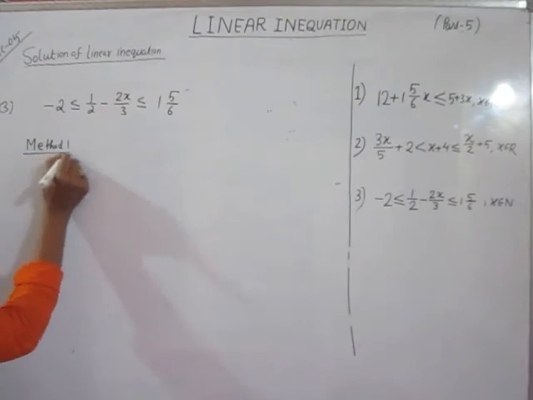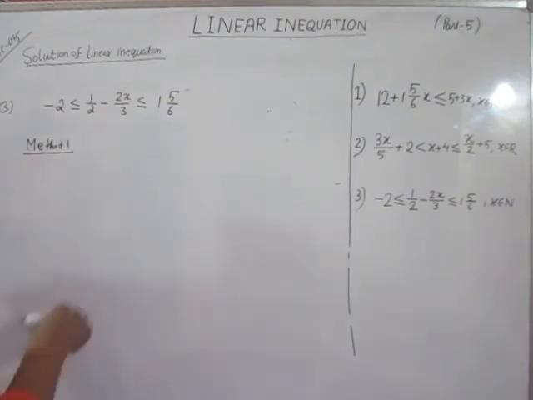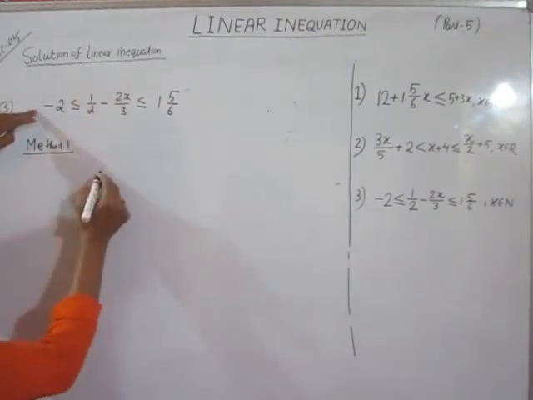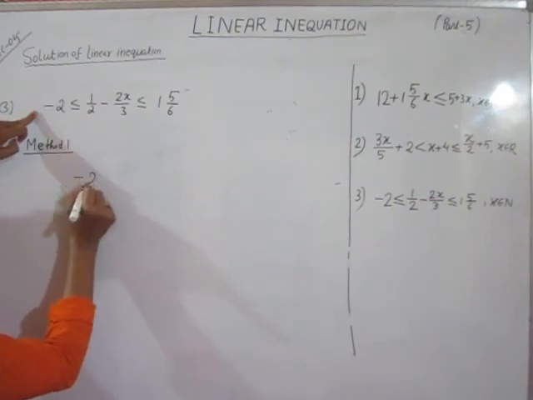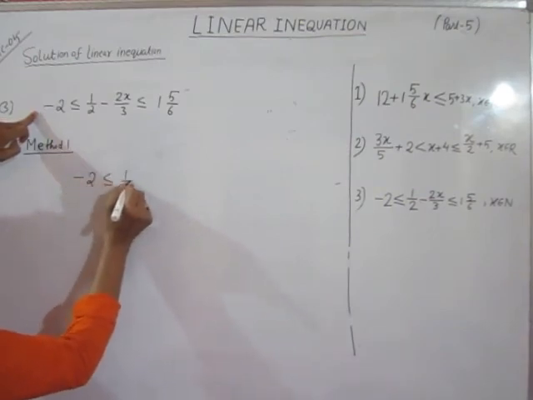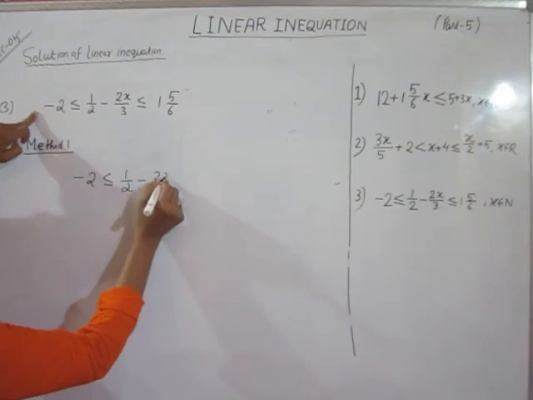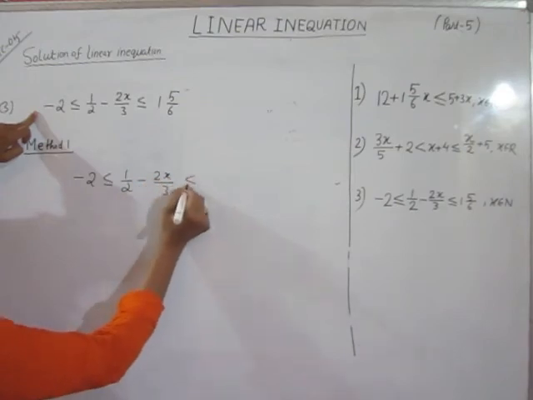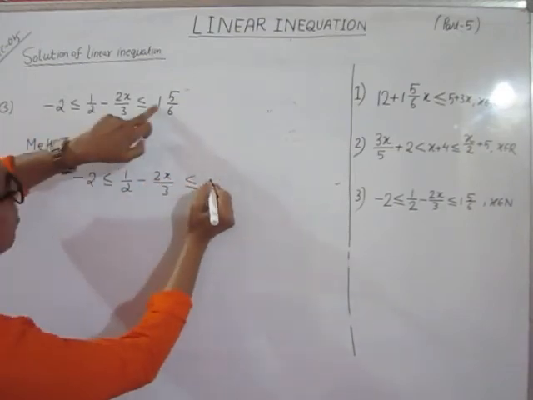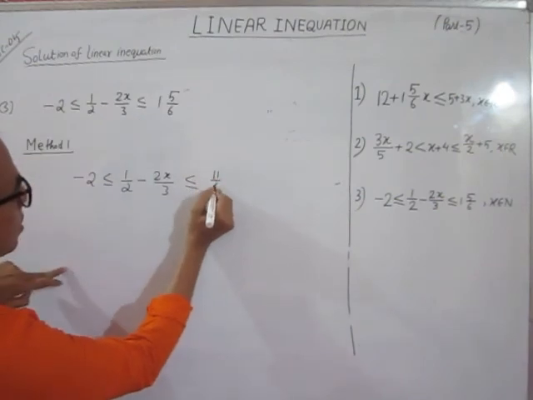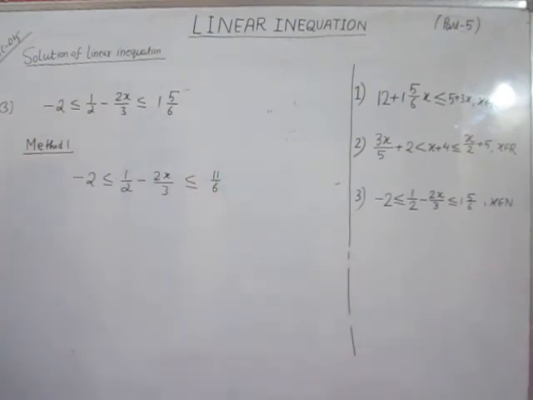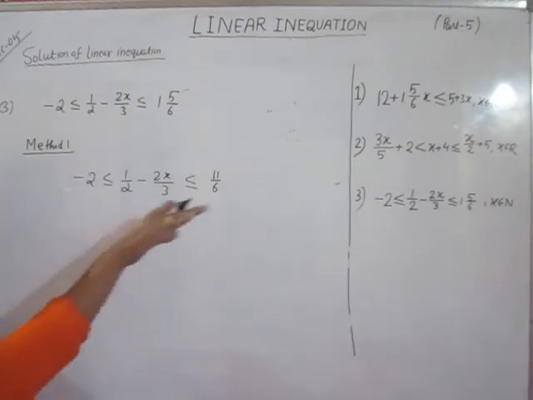The first method is, see, I will solve in this way. Minus 2 less than or equal to half minus 2x by 3, less than or equal to 11 by 6. Now, first step: remove the fraction.